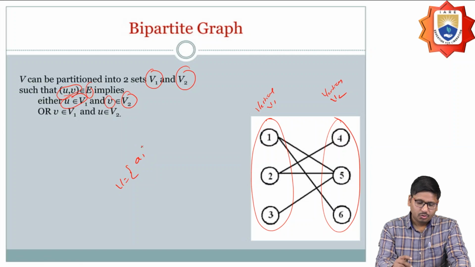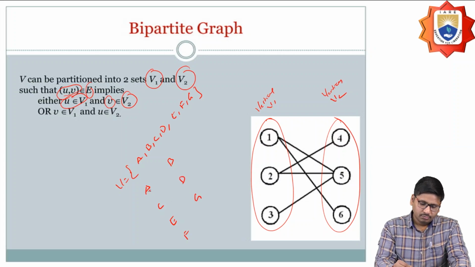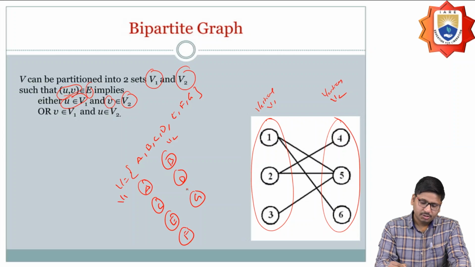So what I can call A, B, C, D. So this is the normal set of edges of the graph. If I separate like this, A, C, E, F and B, so like this I segregate the vertices into two subsets, and I draw the edges between them.